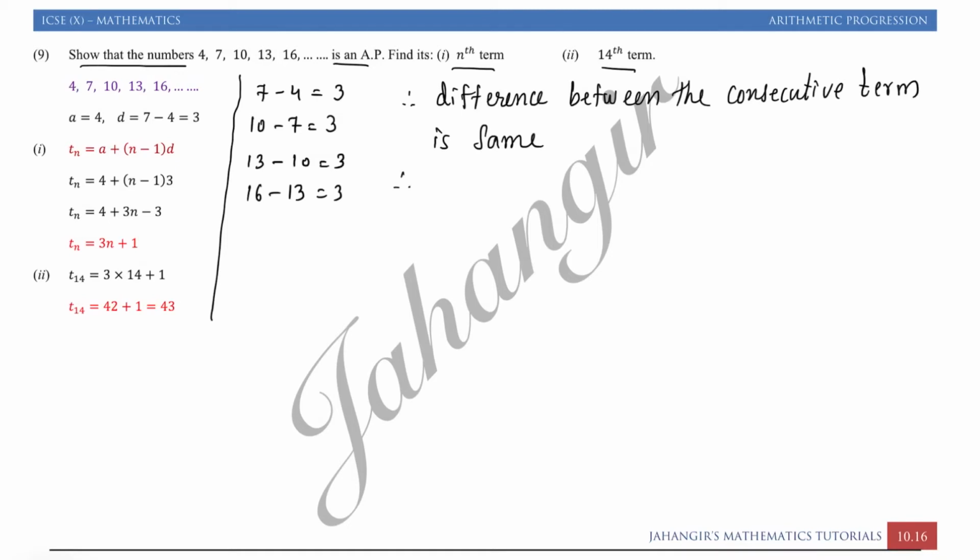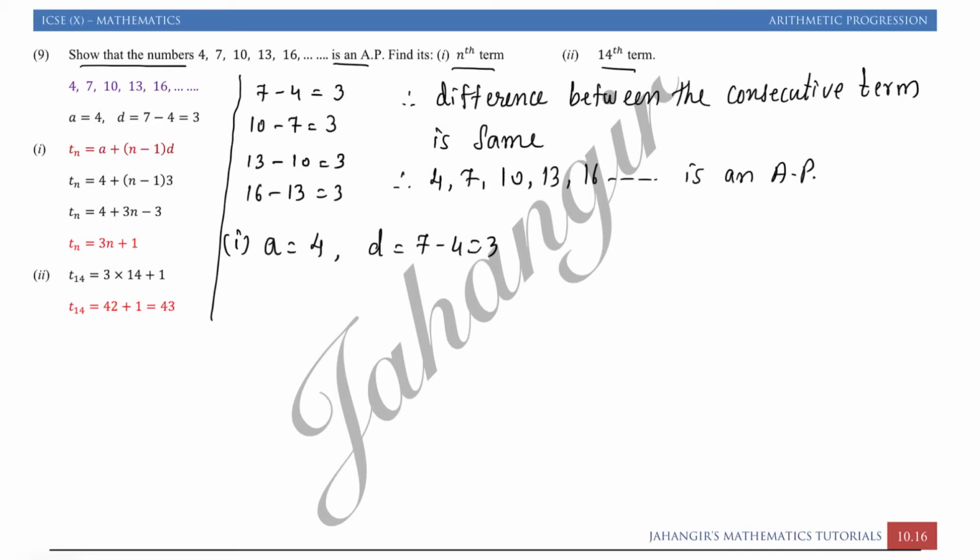So therefore we can say 4, 7, 10, 13, 16 is an AP. So once you have proved it is an AP, we can find the nth term. For the nth term, we will first write A, that is the first term. First term is 4 and common difference is 7 minus 4, which is 3. We had already found that.